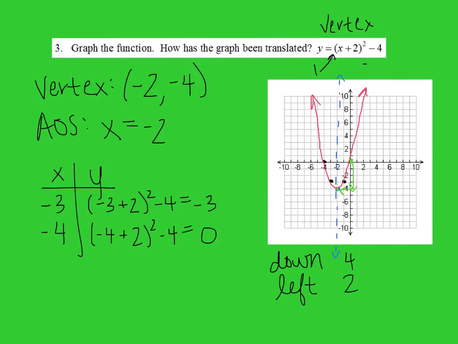If that number were greater than 1, like for instance 2 or 3, that would be a stretch. If that number were less than 1, like 1/2 or 3/4 or 0.2, that would be a compression. But in this case, it's just 1, so it hasn't stretched and it hasn't compressed. So we do know that it went down 4 and it went left 2.